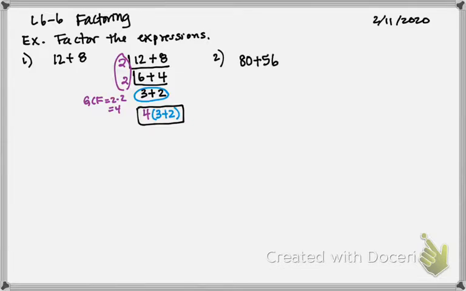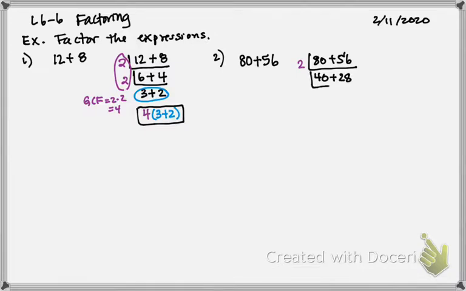Okay, and so again, I don't know, they're both even, so let's pull out a 2. That's going to give me leftover 80 divided by 2 is 40. Ooh, 56 divided by 2, let's see. 2 goes into 5 twice, which is 4 with 1 left over, and 2 goes into 16 8 times.